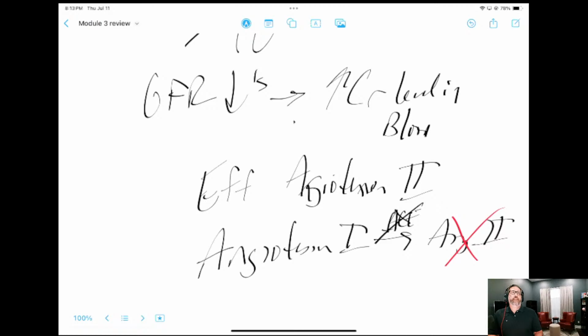High blood flow from the afferent to efferent decreases hydrostatic pressure and lowers oncotic pressure.